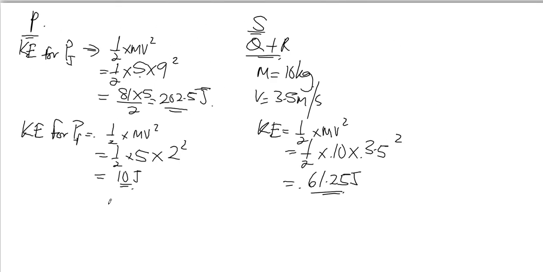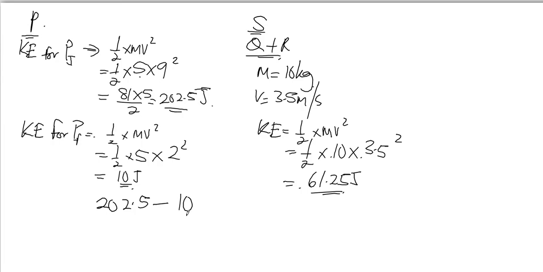So 202.5 minus 10. We are not bothered about P anymore; we just want to know the loss. We already got that, 202.5 minus 10. Now for S, the kinetic energy is 61.25.